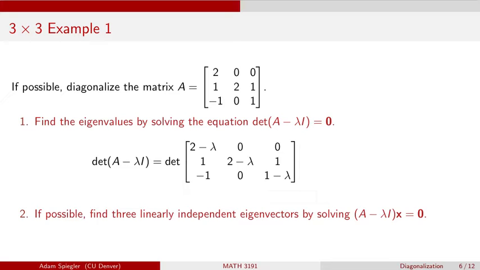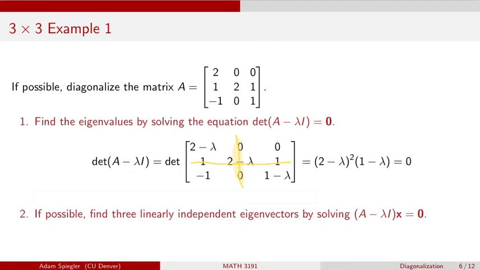Let's do, for example, a cofactor expansion down the second column. And the reason why is this column has 2 0 entries. So that means we only need to worry about this 2 minus lambda, and then we can cross out the second column and the second row and calculate the determinant of that resulting sub-matrix.